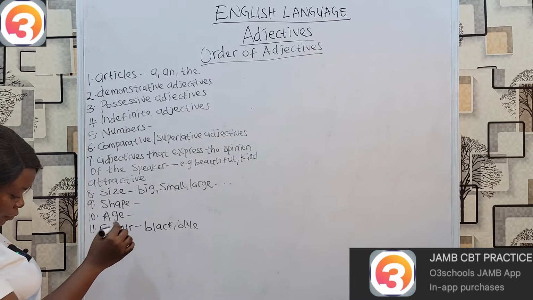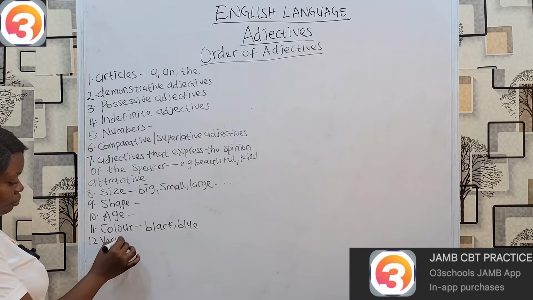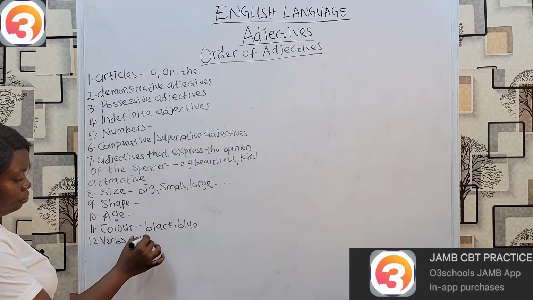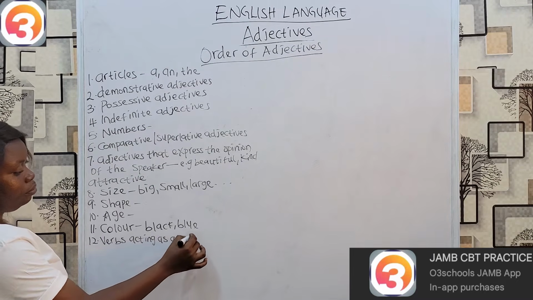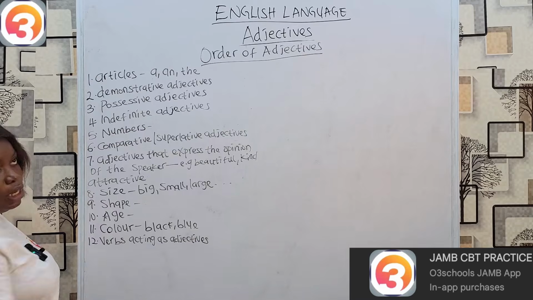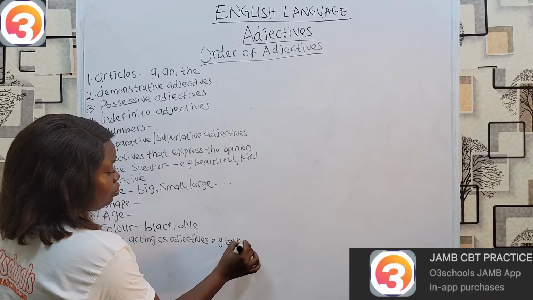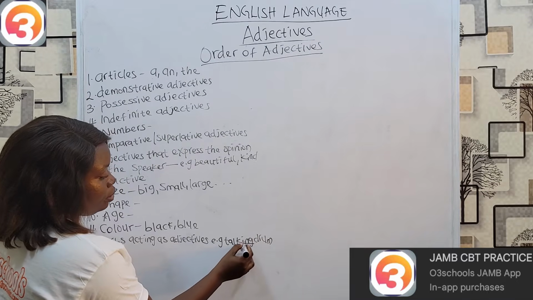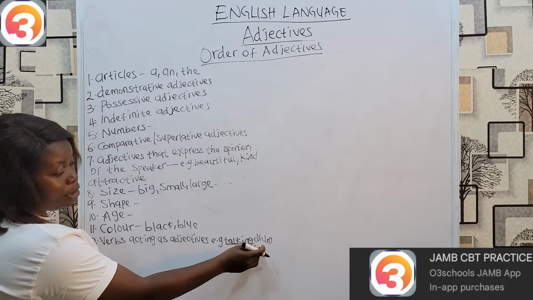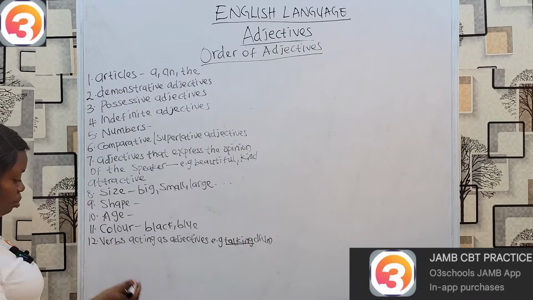Then we also have verbs acting as adjectives. Example, talking drum. Talking is a verb, but in this phrase, it's serving as an adjective, telling us more about the drum.